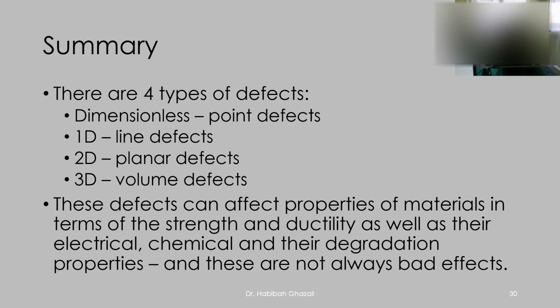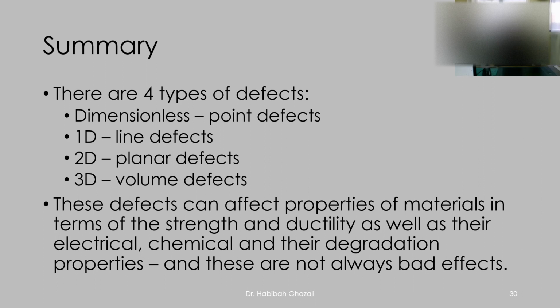Another type is the one-dimensional defect, which is line defects, and it can be either an edge dislocation, in which we have an extra plane, or a screw dislocation, in which we have a lattice structure that is sheared.